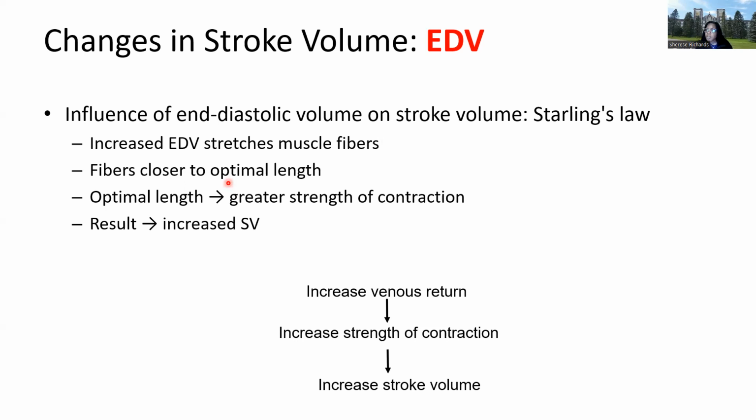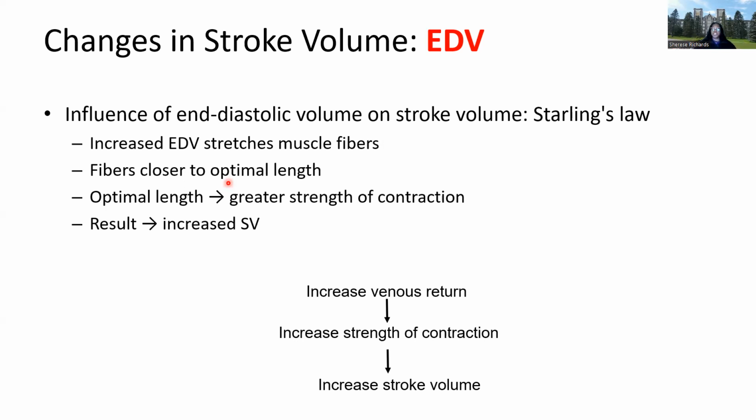For cardiac muscle, it's different. For cardiac muscle, the further we stretch that sarcomere, the closer we get to the optimal length. And so the further we stretch that fiber, the more force we'll generate. So whenever we stretch the ventricles so that they can accommodate more volume, the fibers are stretching as well.